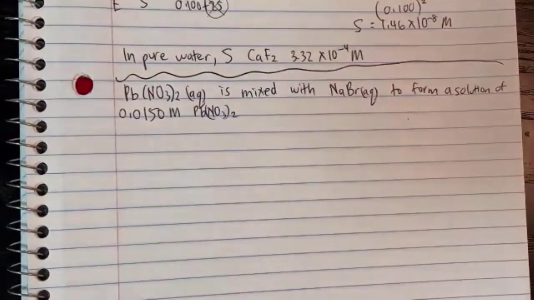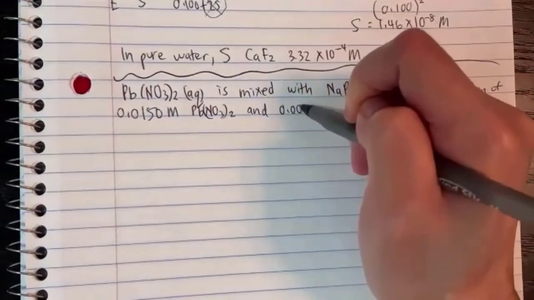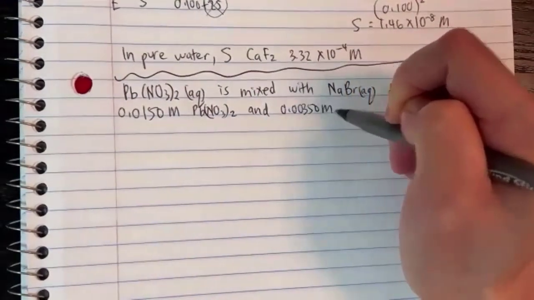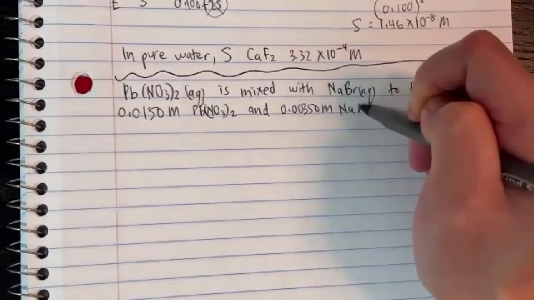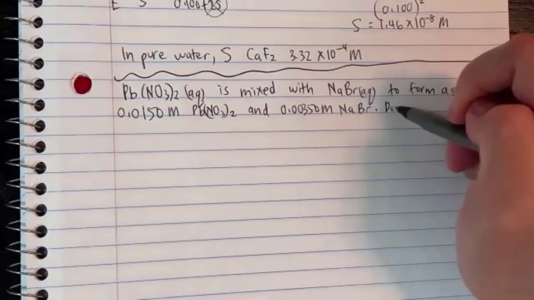So they're giving you the molarities after you mix them, and 0.00350 molarity NaBr. And they ask, will a precipitate form?